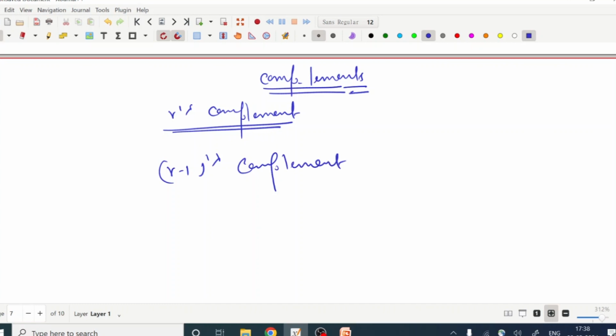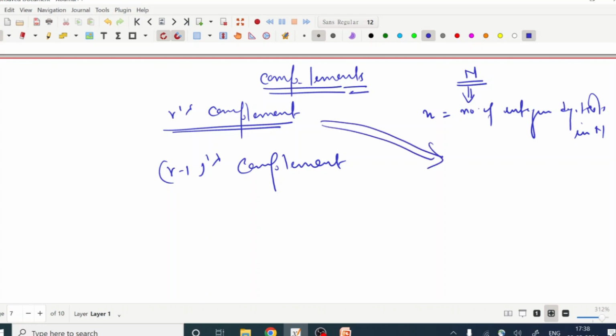How do we compute it? Suppose we want to compute the complement of a number N. First we find the number of integer digits in N. Suppose n is the number of integer digits in N, then to find the complement of N using the R's complement, we use the formula R to the power n minus N. This is the formula.